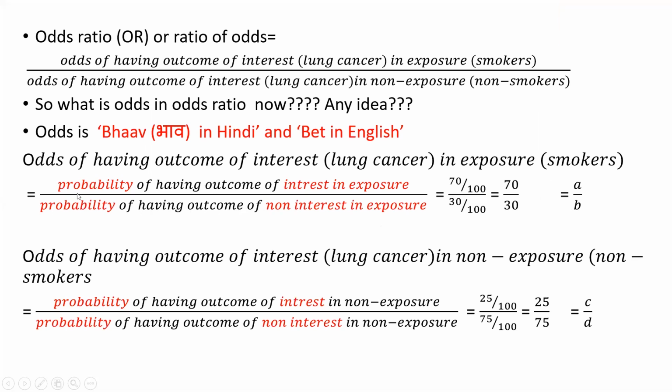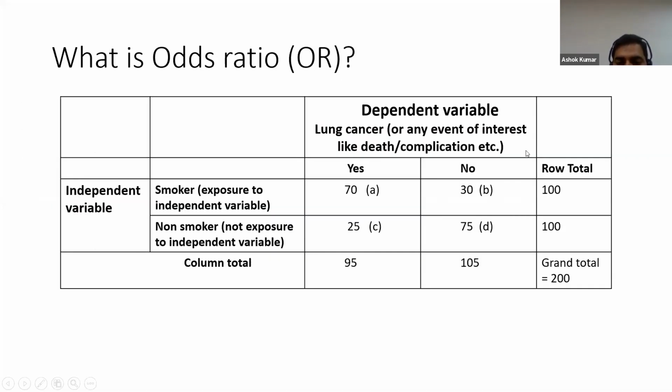Then divide that by the probability of having the outcome of non-interest in exposure. The outcome of non-interest is not lung cancer, not death, no complication. So that is 30 by 100, a probability; we know very well how to calculate probability.